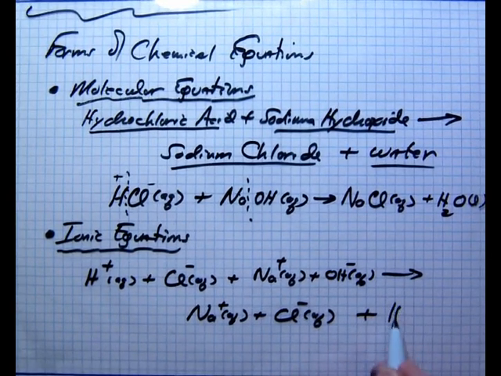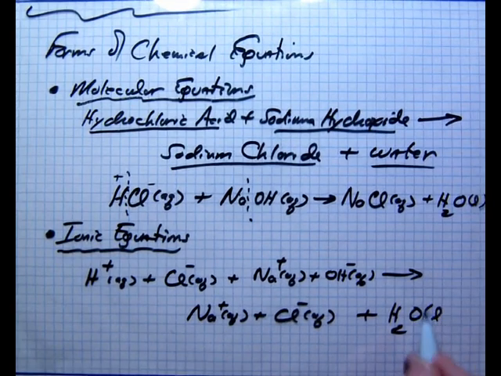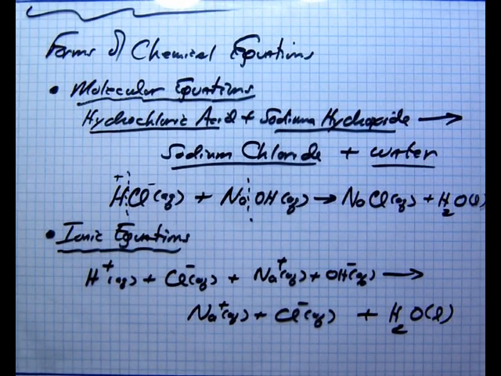But water is not written in ionic form. If it doesn't ionize, you don't write it in ionic form. But this is what we call the complete ionic equation. It shows all ions involved in the reactive process. Cations, anions, and then the formation.